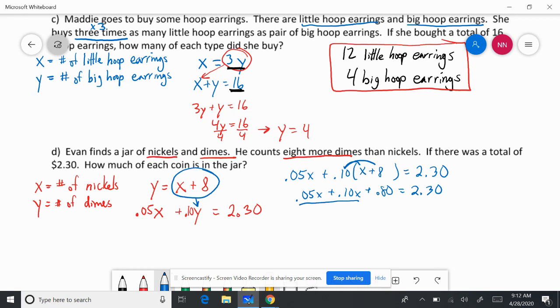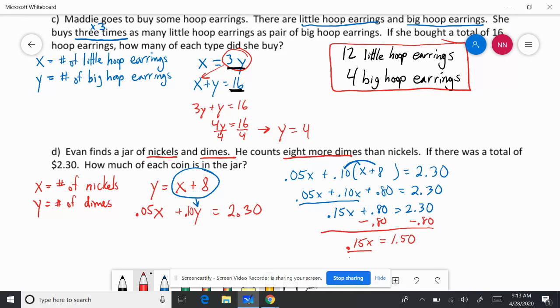I add the like terms. And as many of you are thinking, our next step is subtracting the 0.8. And that gives us 0.15x is equal to $1.50.